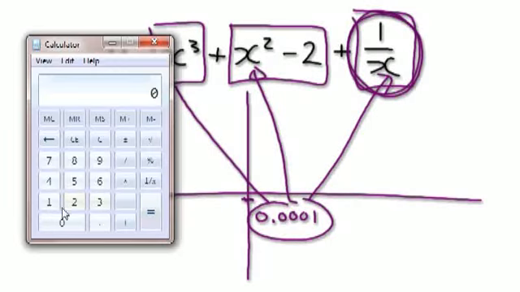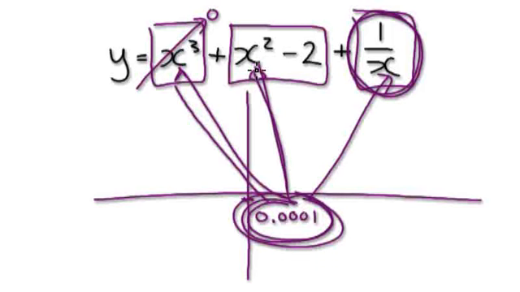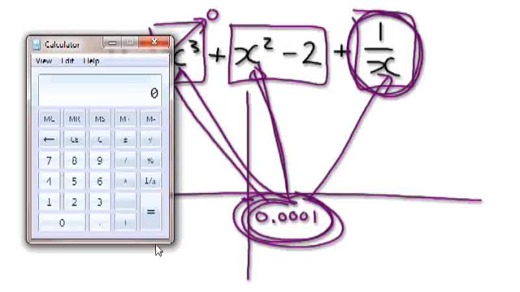If you get a calculator and do this to the power 3, this is next to 0, next to nothing. Now, if you put this into here, 0.0001, a really small number, times by itself.